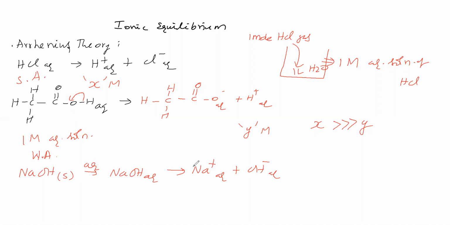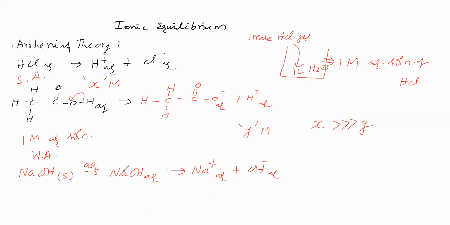Sodium comes under the first group, alkali metals. Alkali metals always show plus one charge in compounds. So on dissolving in water, the alkali metal ion gets detached from the compound and goes to the aqueous solution.